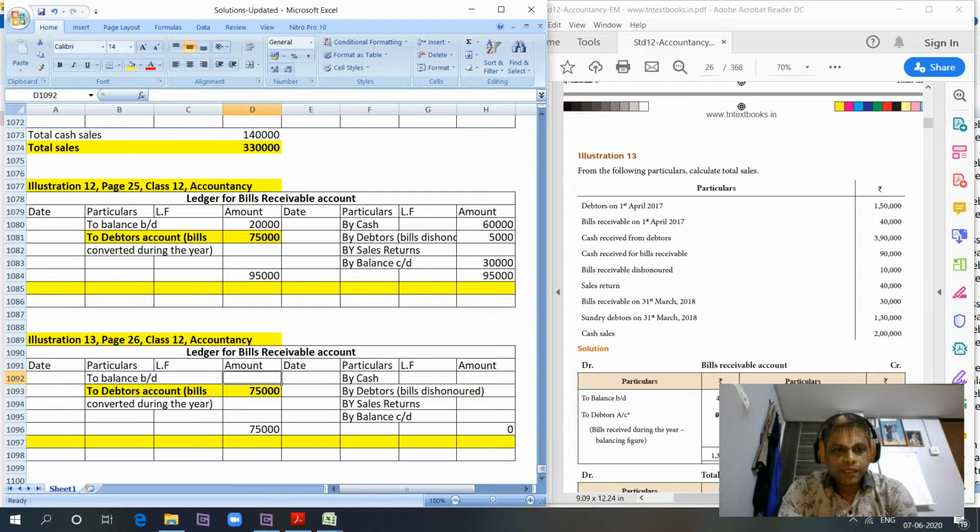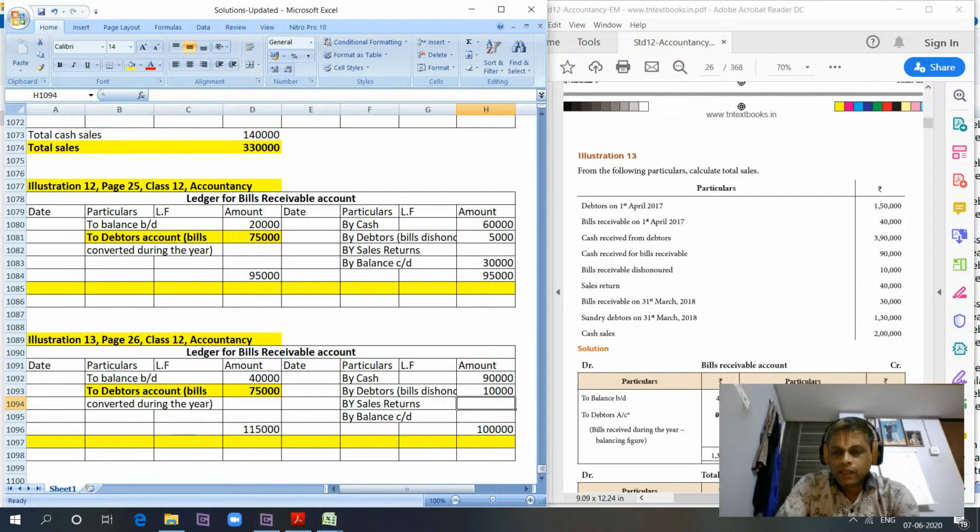What is the beginning balance in the bills receivable account? 40,000. And cash received for bills receivable is 90,000. By cash is 90,000. Then bills receivable dishonored 10,000, so this will get transferred back to the debtors account. Sales return will not come here, it will go into the debtors account.